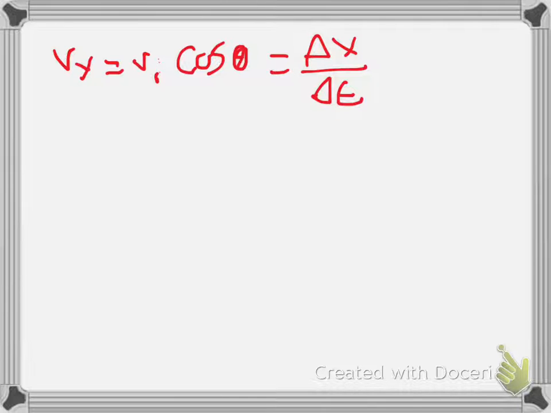This follows from the last set of equations from the previous slide, and also the fact that from basic science, velocity is equal to distance divided by time. So if we're solving for the x component of velocity, the x distance, or change in x, divided by time should give us that velocity.